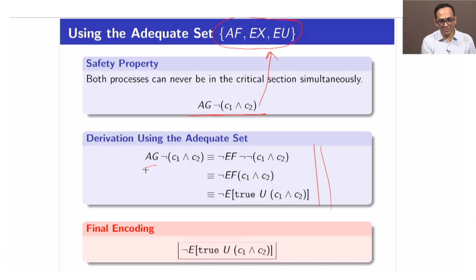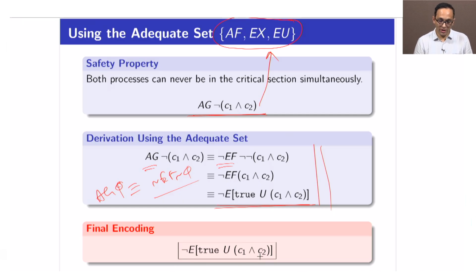So AG can be written as not of EF not, so AG phi is equivalent to not of EF not phi. This is the property. Then I do the Boolean manipulation, and finally I get this: E not E true until C1 and C2.